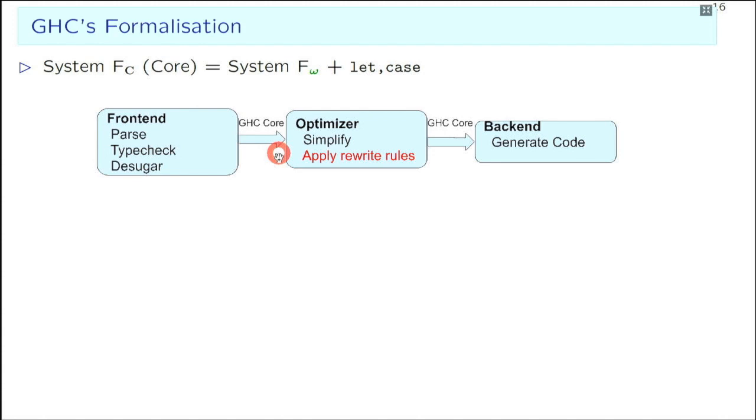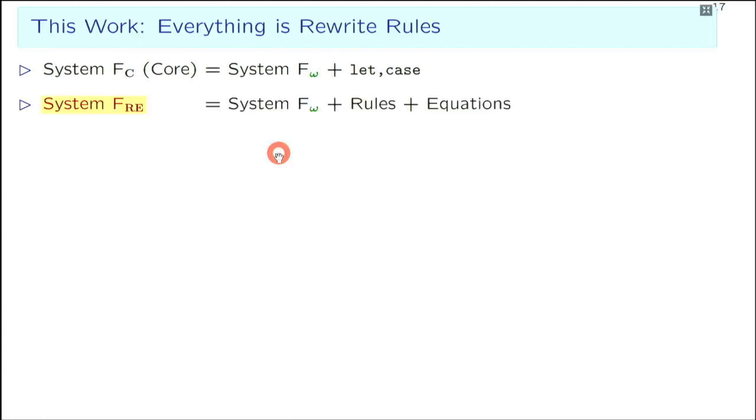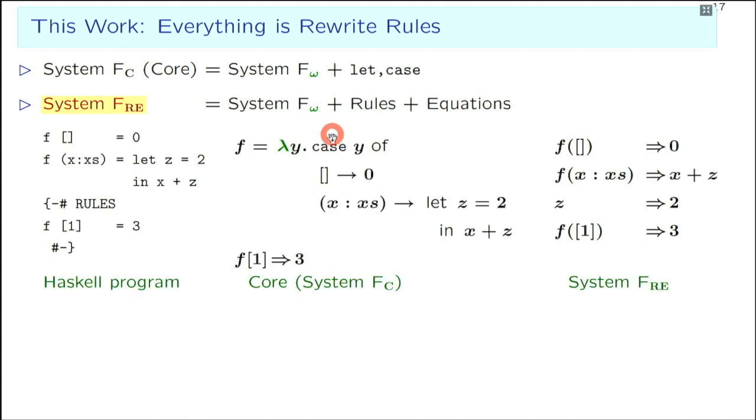So we formulate system FRE as an extension of system F omega with rules and equations. And we don't use let and case expressions. What this actually means is, for example, this is a Haskell program involving a rewrite rule.